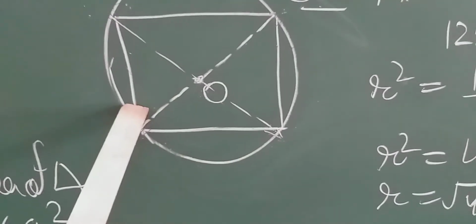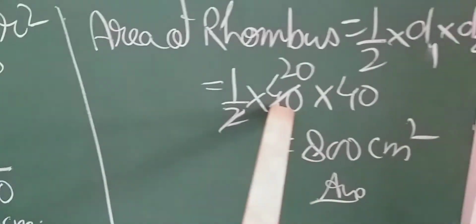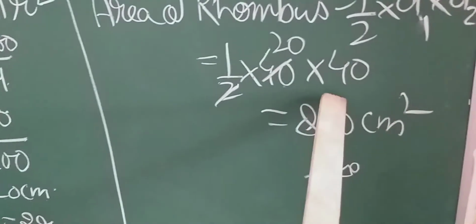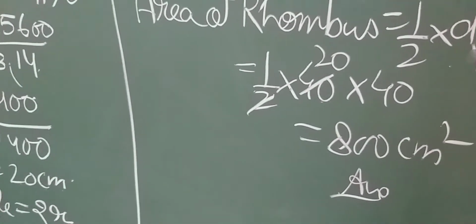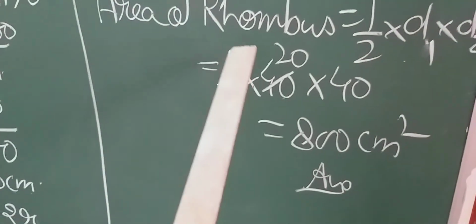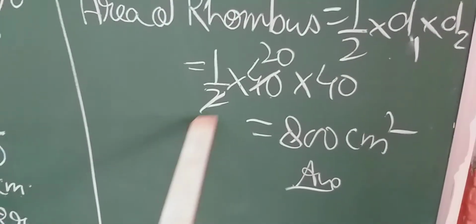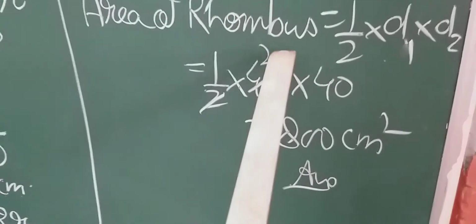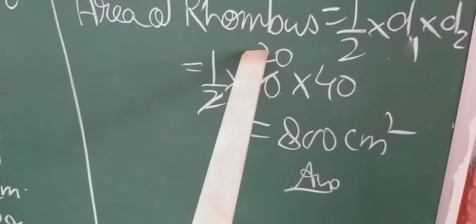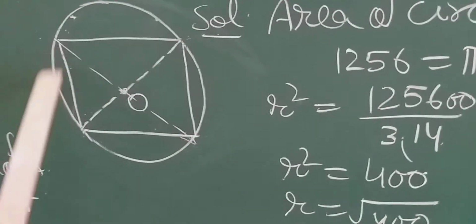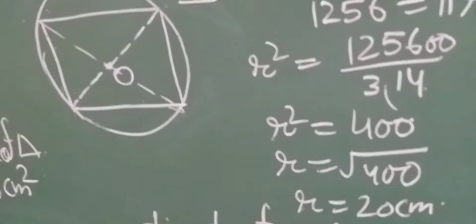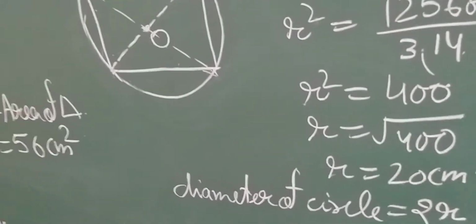So area of rhombus equals half d1 into d2. d1 is 40 centimeter, d2 also 40 centimeter. Half of 40 is 20, 20 into 40 is 800 centimeter square. So area of rhombus is 800 centimeter square.